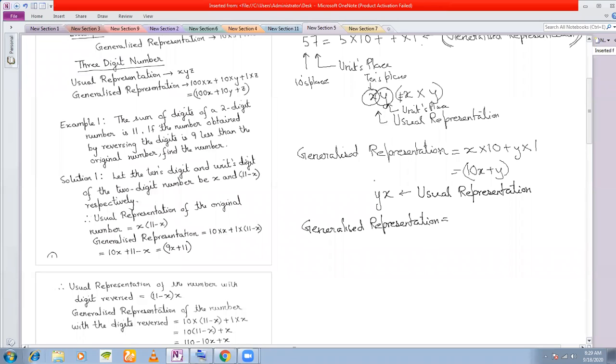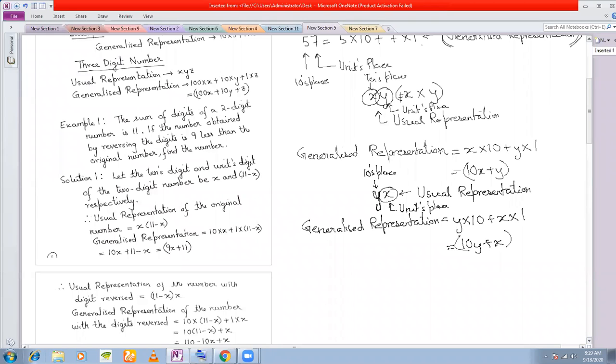This is your tens place, and this is your units place. Because y is in the tens place, y has to be multiplied by 10, and since x is in the units place, multiply it with 1. So this is 10y plus x.